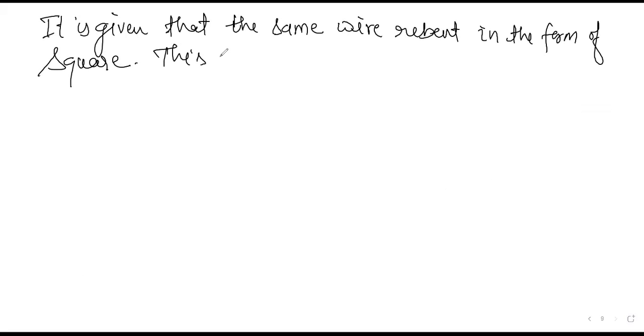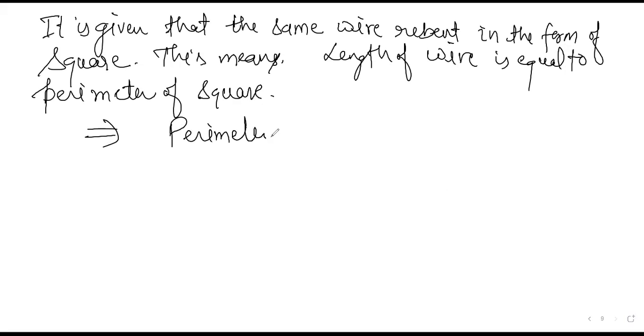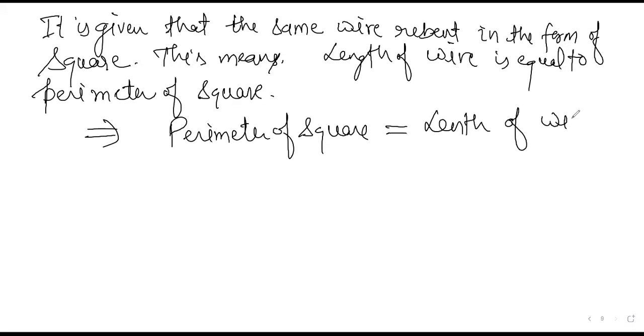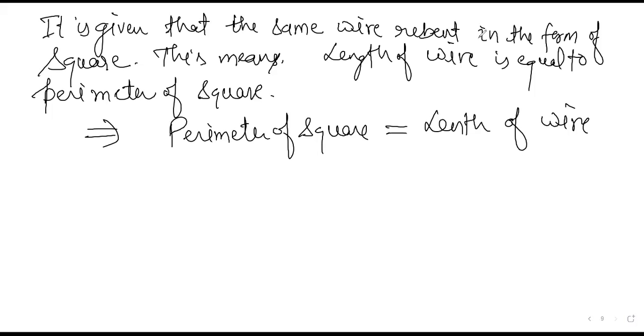This means length of wire is equal to perimeter of square, so this implies that perimeter of square is equal to length of wire.